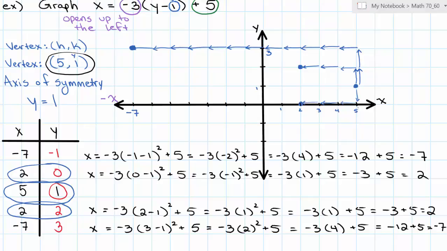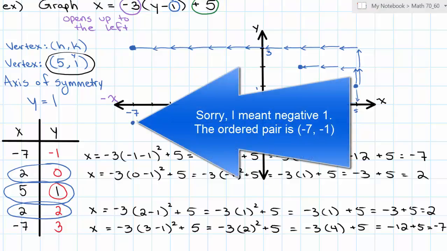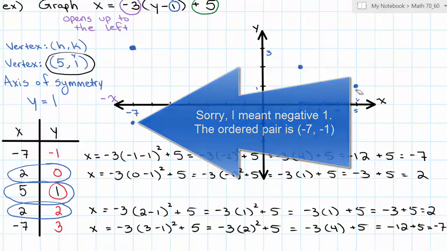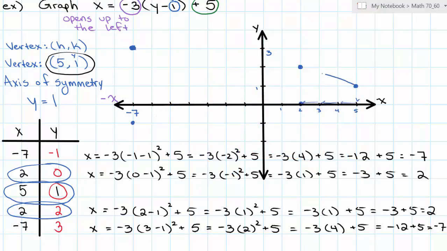Okay, and the other one here, (-7, 3), sorry, (-7, 1). I'm just going to go ahead and plot that point right there. Okay, I'm going to go ahead and erase these arrows that I drew to guide me. I'm going to connect my points. I'm going to label my points.